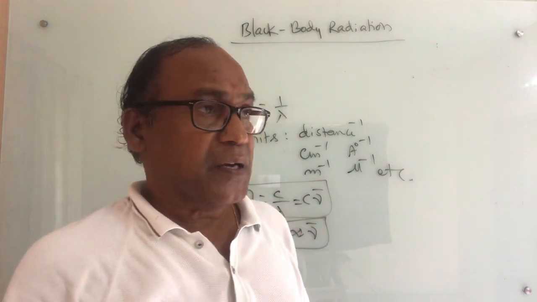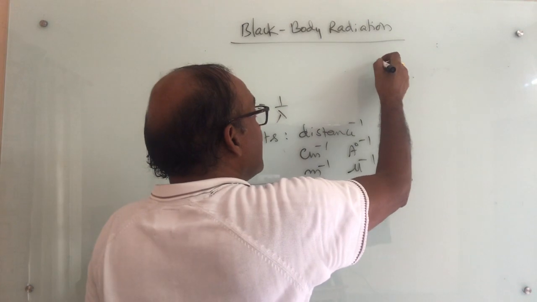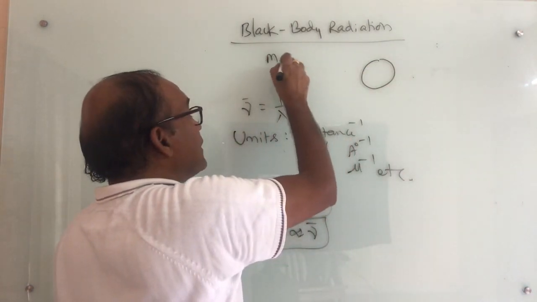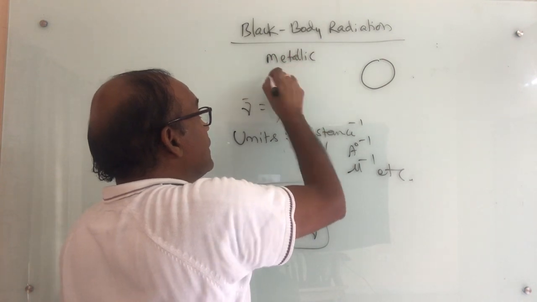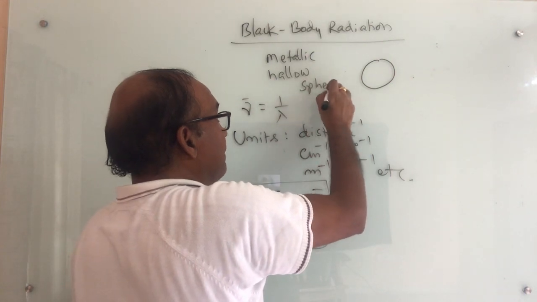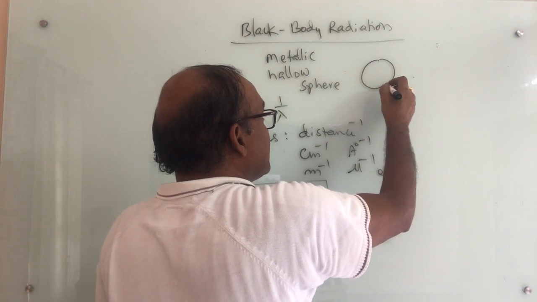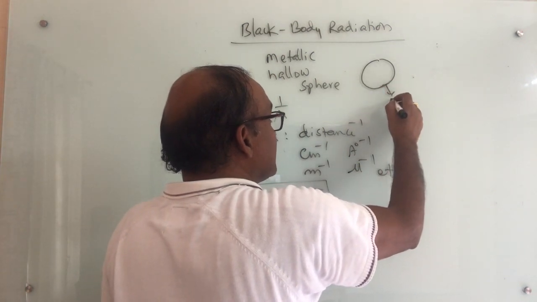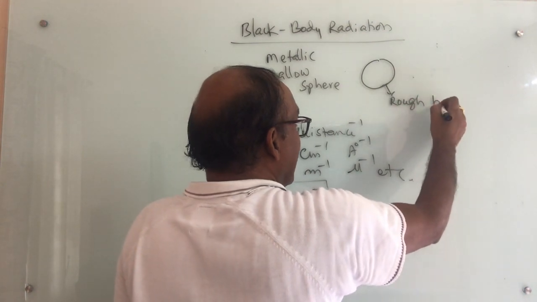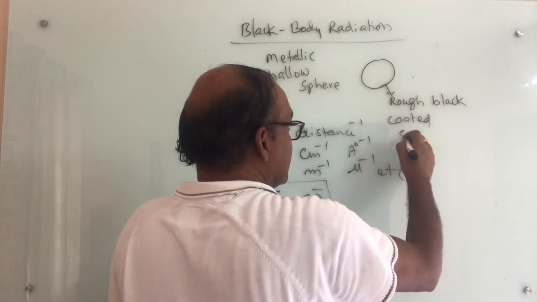A perfect black body is thought of as a metallic hollow sphere, having a rough black coated surface inside.